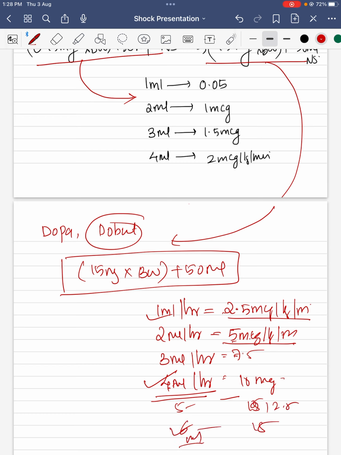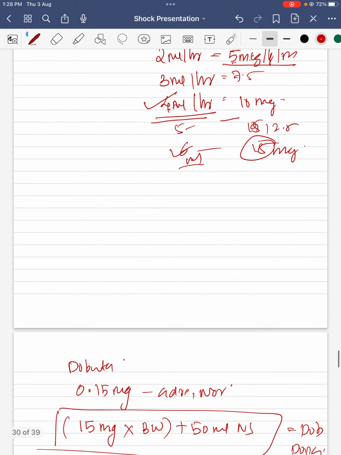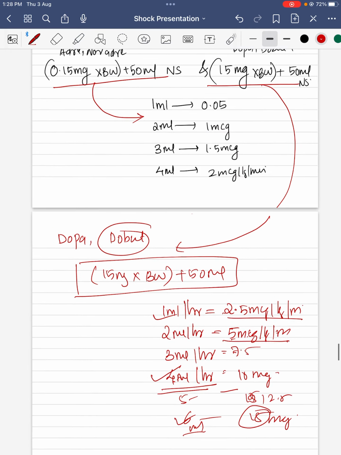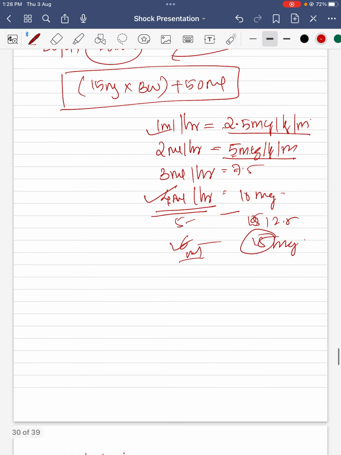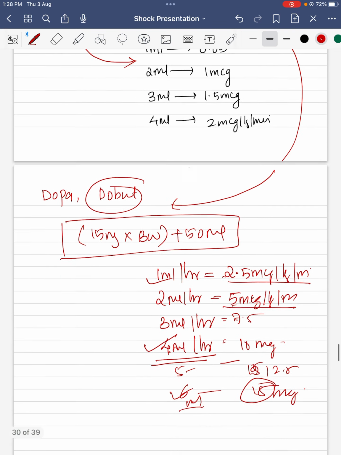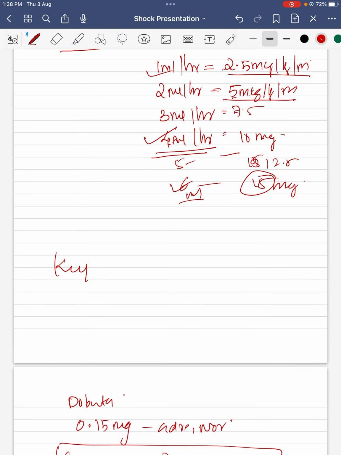So at 6 ml per hour the baby will be getting 15 microgram per kg per minute. So that is the easy method of adrenaline use. If you have any doubt regarding this calculation, please message me or you can ask in the group. Okay, this much clear?